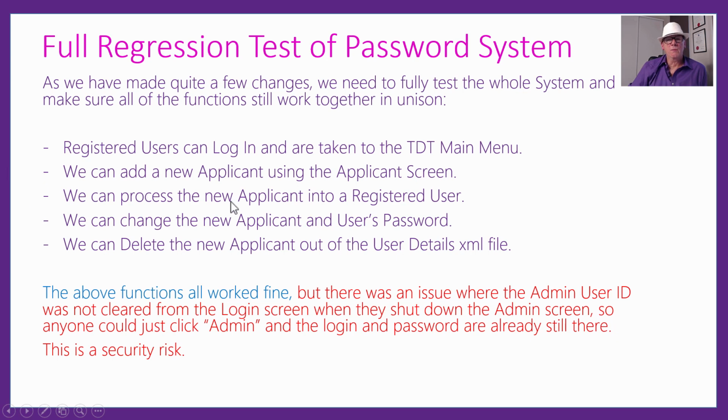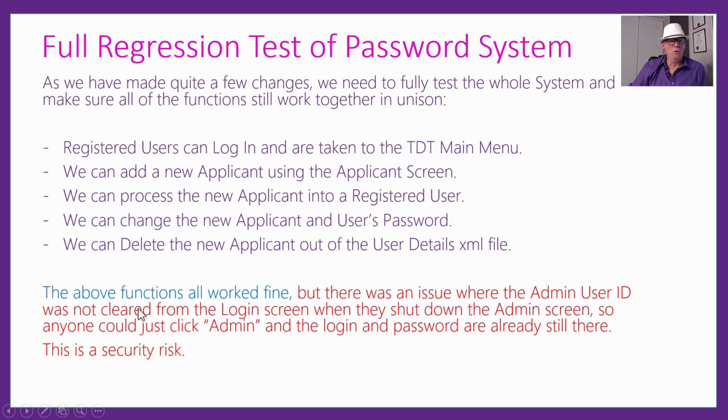Then we got on as the system administrator, logged on and set that new applicant into a registered user. We changed their password and saved it, and then we deleted that new applicant to check that it disappeared from the user details file, checked that no worked first, that it aborted out, then said yes and actually did it. And also in the applicants, it got set to UDeleted, so that all worked fine.